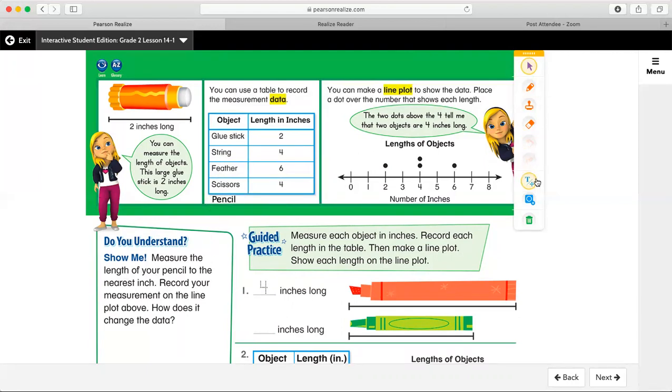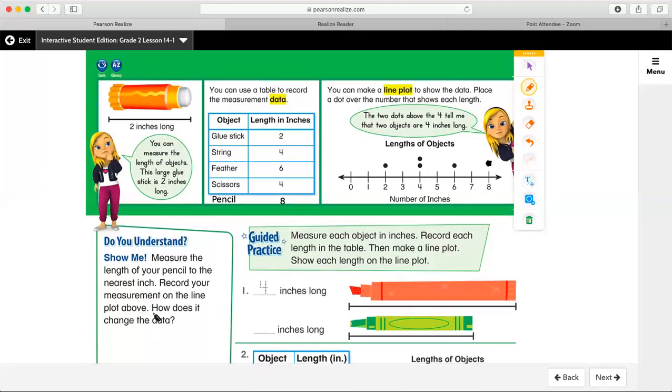However long your pencil is, if it's longer than 8 inches, you can continue to add on to your number line. But I'm going to say that mine is 8 so that I can add it. And then they want you to add another dot above. And that's for the Do You Understand box.